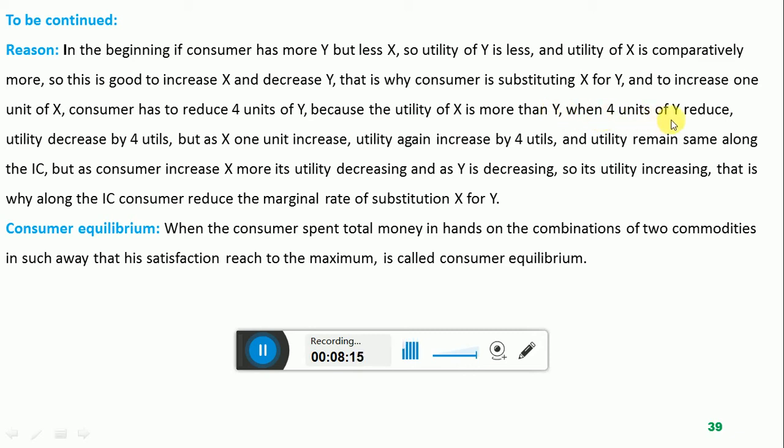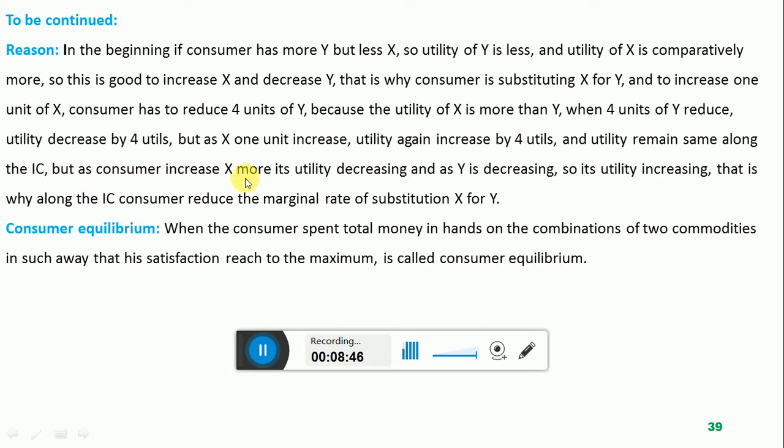When 4 units of Y reduce, the utility decreases by 4 utils, but as 1 unit of Pepsi increases, utility again increases by 4 utils, and utility remains the same along the indifference curve. In this way, when the football player is changing from one combination to the other, the utility is decreasing by reducing pizza, and the utility is again increasing by the same amount by increasing Pepsi.